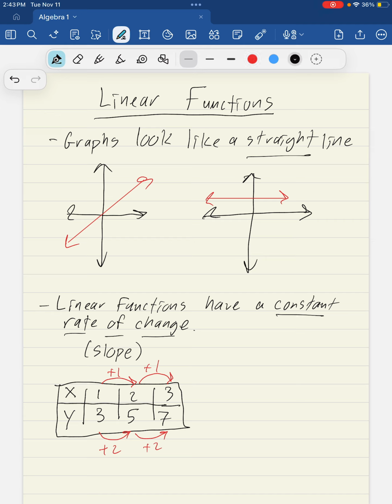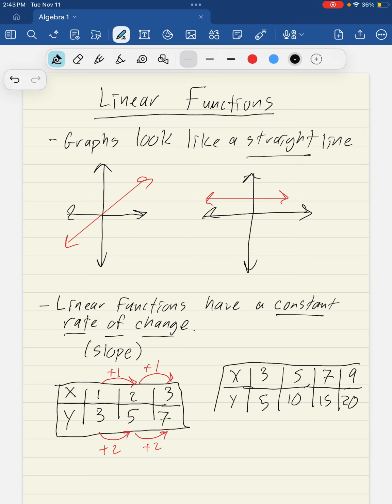Anyway, let me show you one more. We can just do one more xy table right here just for fun. And here we go. We've got 3, 5, 10, 7, 15, and 9, 20. Okay, so there's my input-output table.